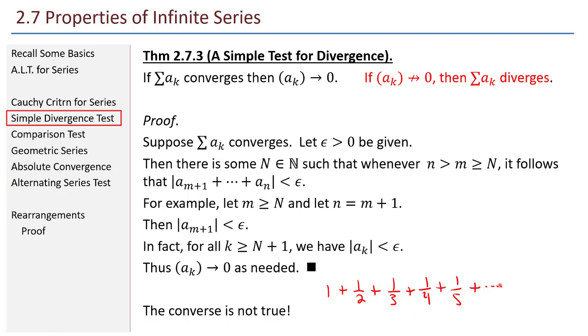And what do you know about this? The harmonic series diverges, even though its terms diminish to 0. So it's not enough knowing that the terms diminish to 0 in order to say that the series converges. It just isn't so. So if the series converges, then the terms diminish to 0, but the converse is not true.